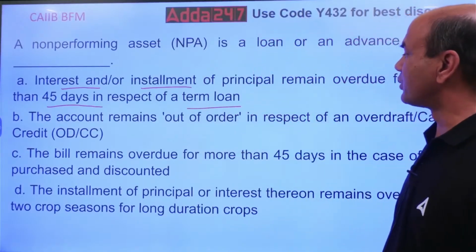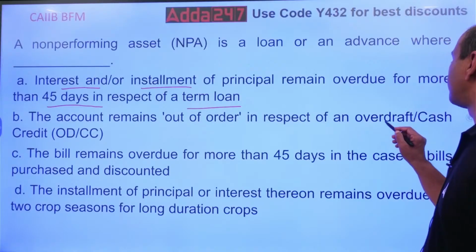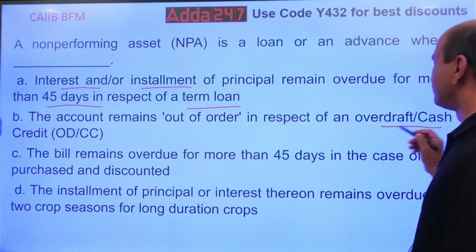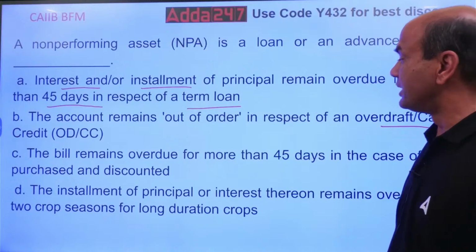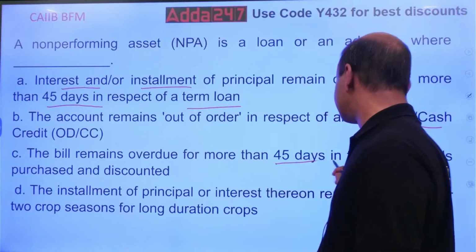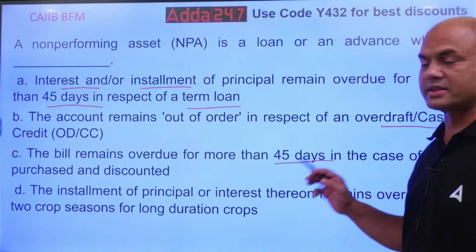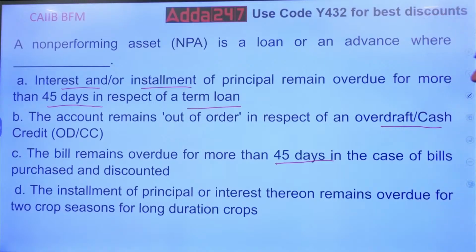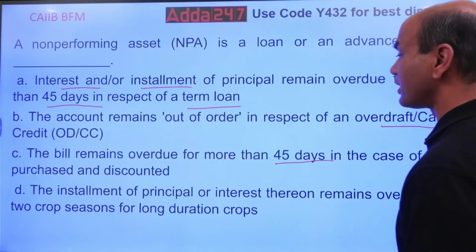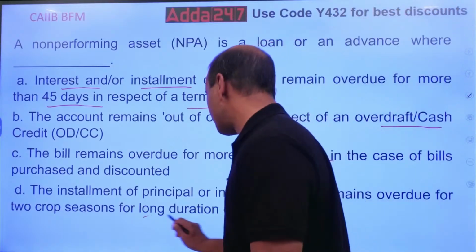The account remains out of order in respect of an overdraft or cash credit, CC. The bill remains overdue for more than 45 days in case of bills purchased and discounted. The installment of the principal or interest thereon remains overdue for 2 crop seasons for long duration crops.